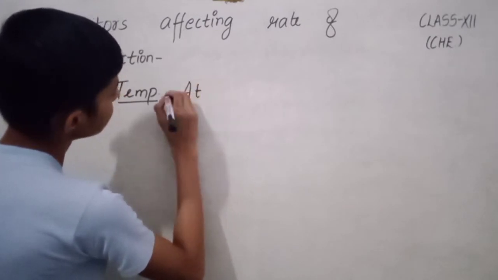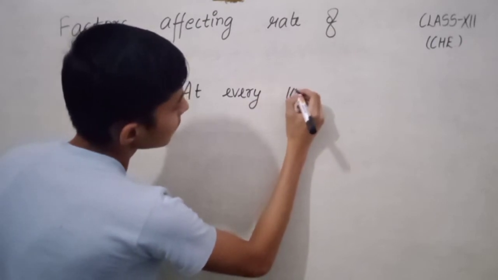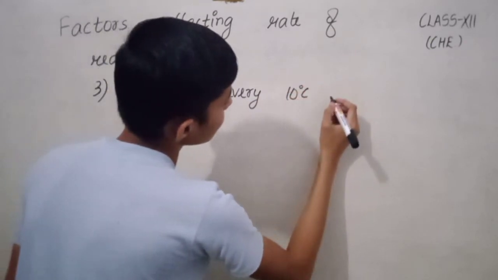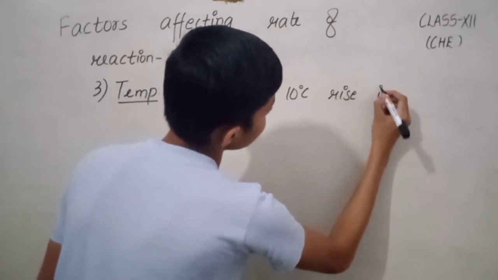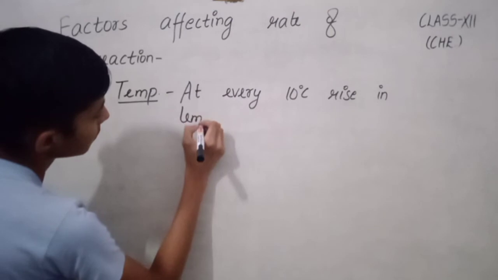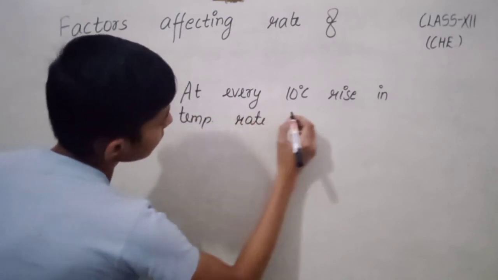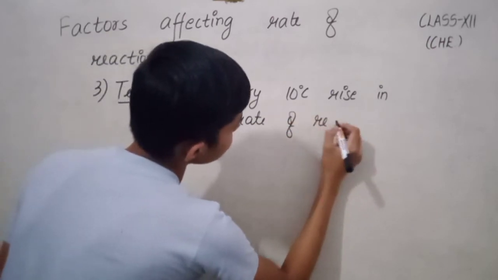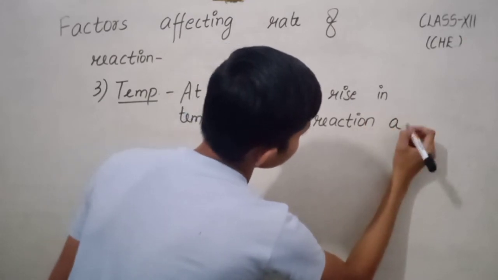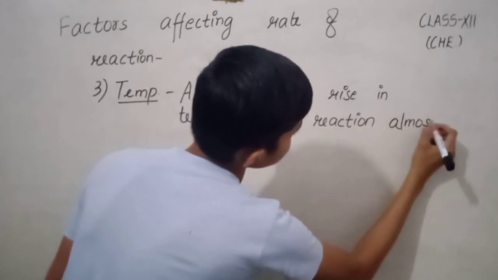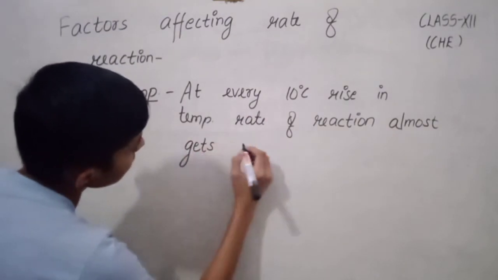So we can say that at every 10 degree Celsius rise in temperature, rate of reaction almost gets doubled.